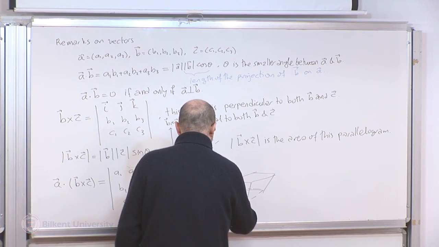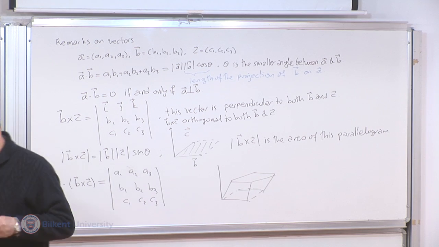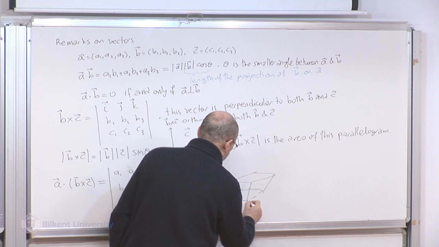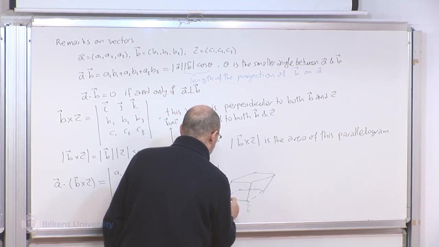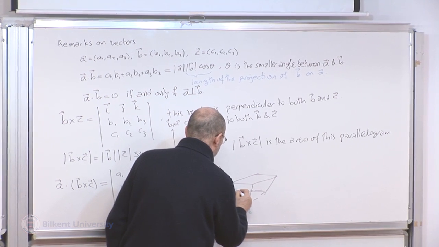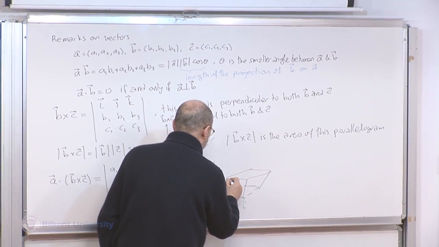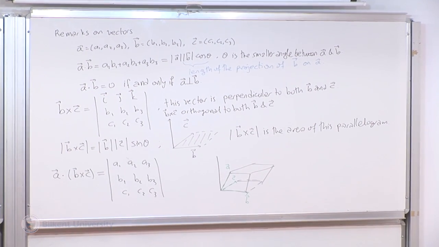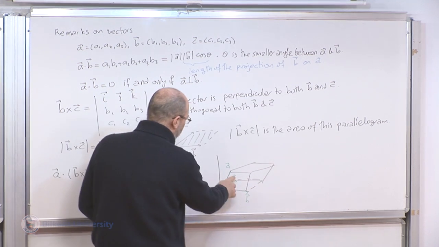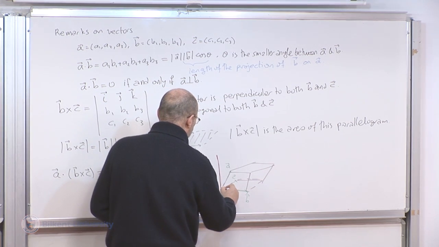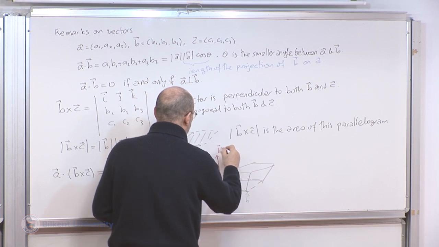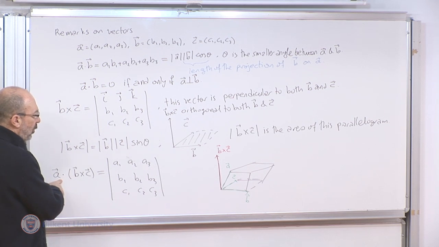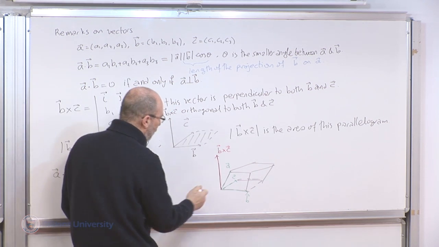So this one is B, this vector here is C, and this vector is A. When you take the cross product of B and C, you obtain this perpendicular vector B cross C. Now taking the dot product of A with that, we get the length of the projection.